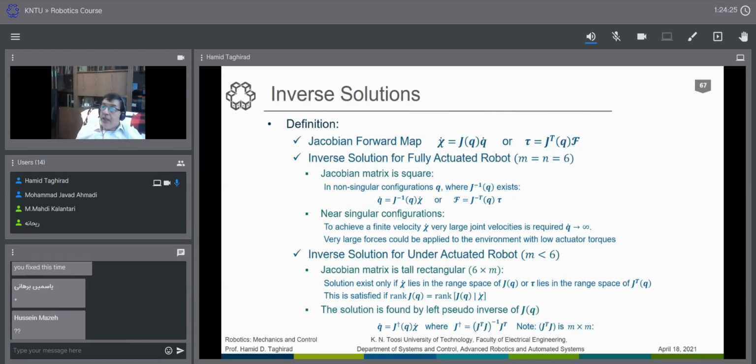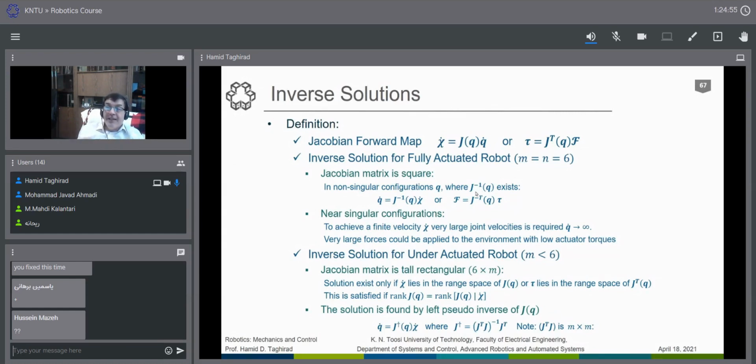So the inverse solution for that is different. Usually the Jacobian is not square, so we cannot find the inverse quite easily.